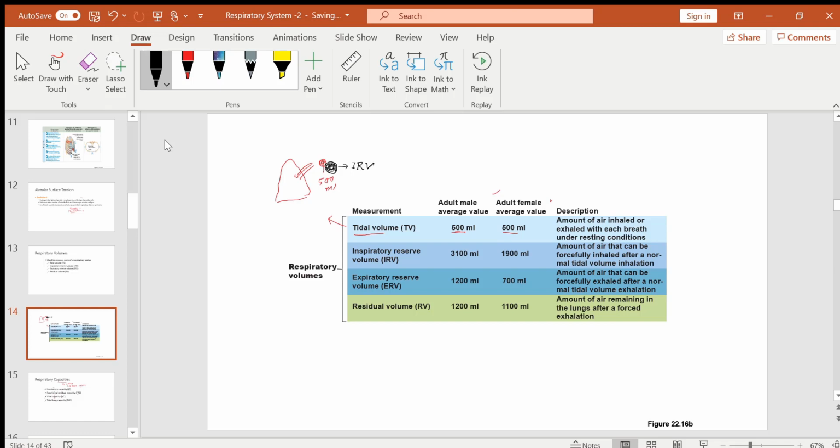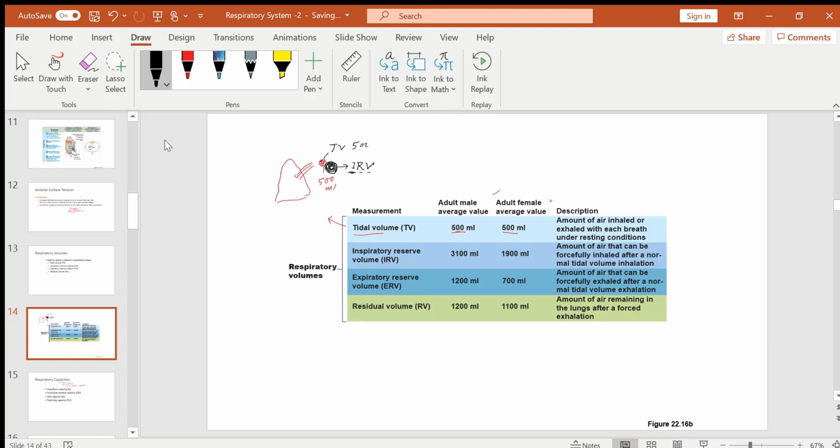Inspiratory reserve volume is the extra or additional volume of air that you can forcefully inspire, or take into the lung beyond the normal amount. So normal is this red one, which is tidal volume, 500 milliliter, right?